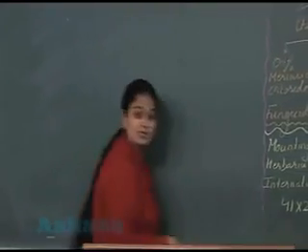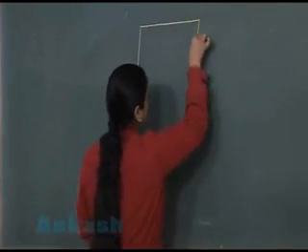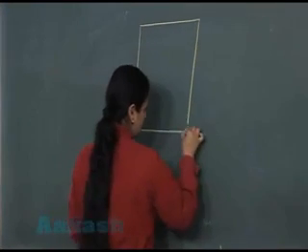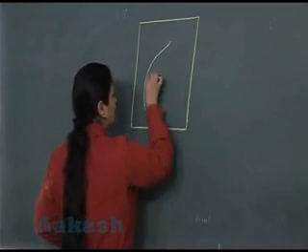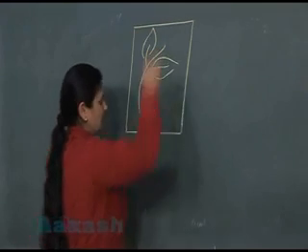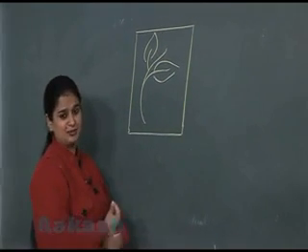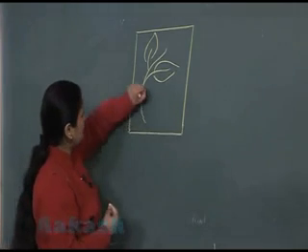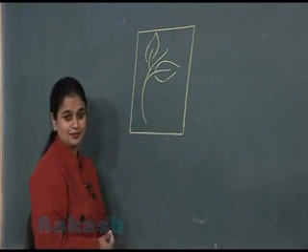Let's say this is the herbarium sheet. Over the herbarium sheet, now we are going to place the specimen. Yes, we will place the dried pressed specimen. This specimen is pasted over here. It is stitched over here.